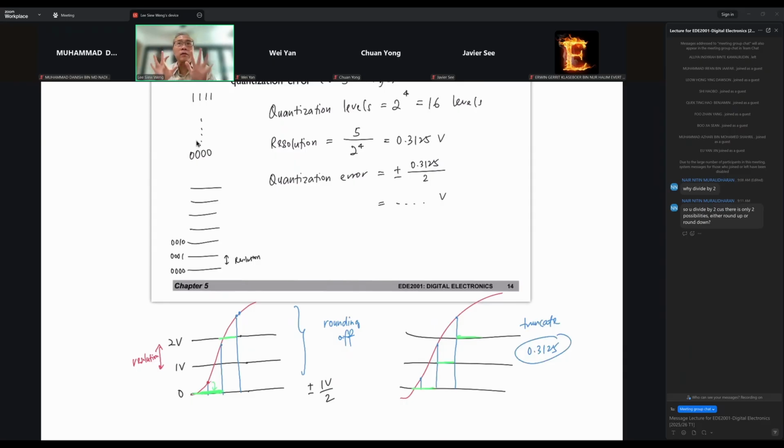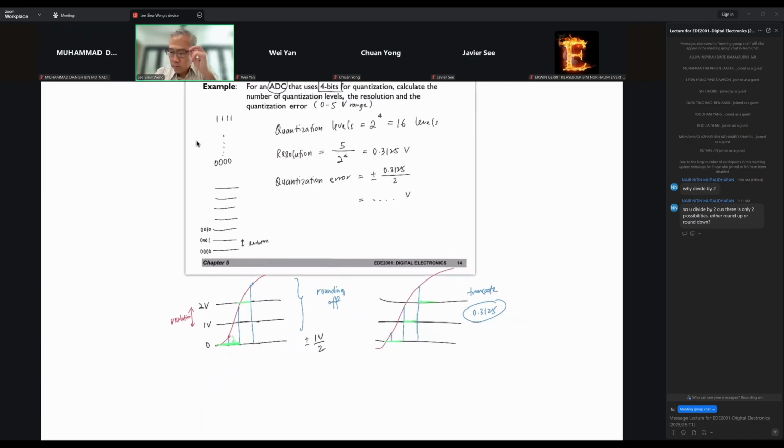So listen. What's happening here is that the quantization error is based on theory, on the assumption that the ADC is rounding off.